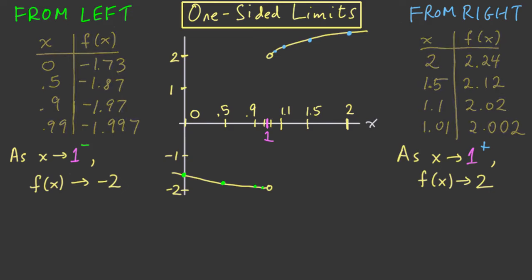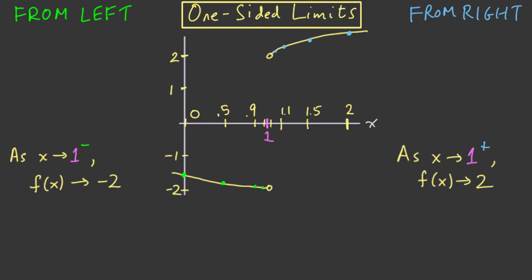Okay, let me make some space here, and we want to give an official name for this phenomenon of a function's value approaching something. We're going to call this a limit. So on the right here, we're going to say that the limit of f of x as x approaches 1 from the right is 2. And the notation for this is as follows.